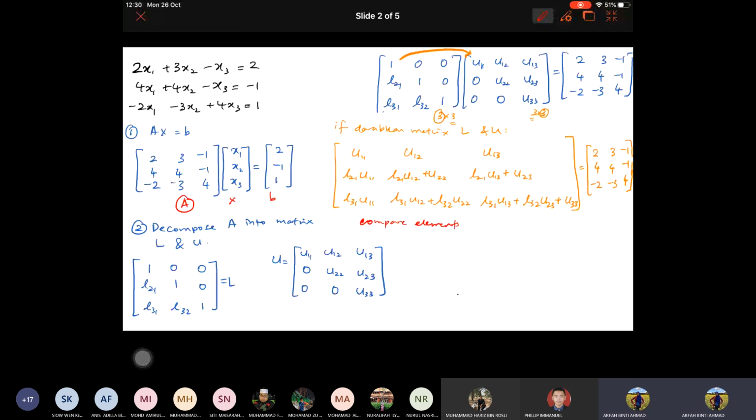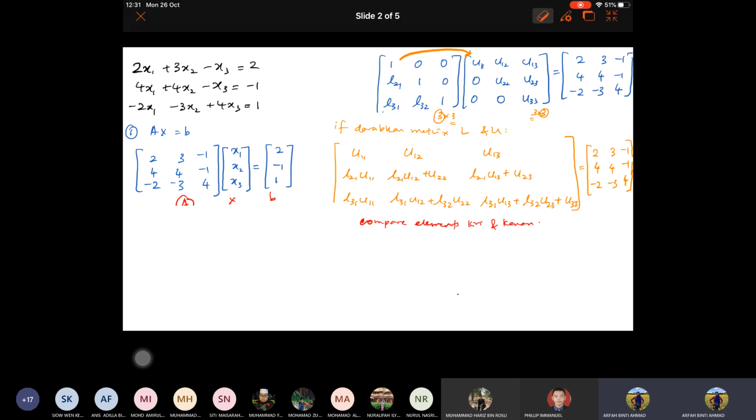Okay, kat belah kiri and kanan. Kiri and kanan. Okay. So compare the elements. So saya padam this one. Okay. So compare the elements in the matrix. Oh lemak, yang ini maintain.